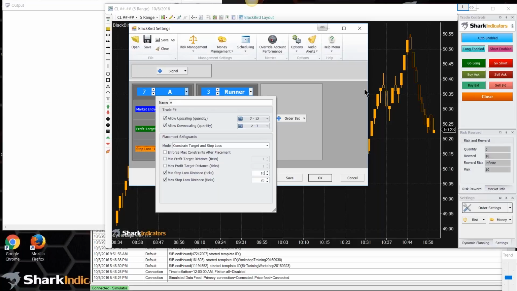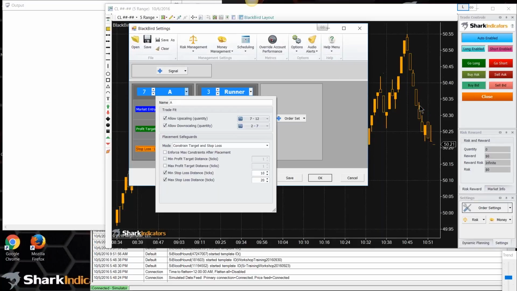For trading oil, oil is pretty volatile, I'd say, and so you may not want your stop loss to be placed within 10 ticks of the market. Okay, so now these are placement safeguards.